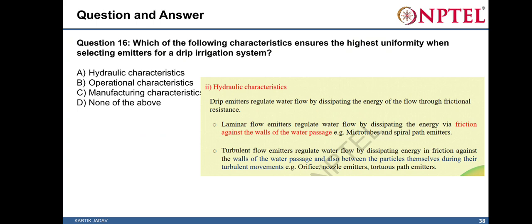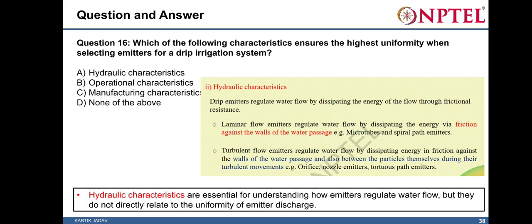Next question: which of the following characteristics ensures the highest uniformity when selecting emitters for a drip system? Hydraulic, operational, manufacturing, or none of the above characteristics? Okay, so we know that hydraulic characteristics ensure the highest uniformity when selecting emitters for a drip irrigation system. So the correct answer is option A, right?